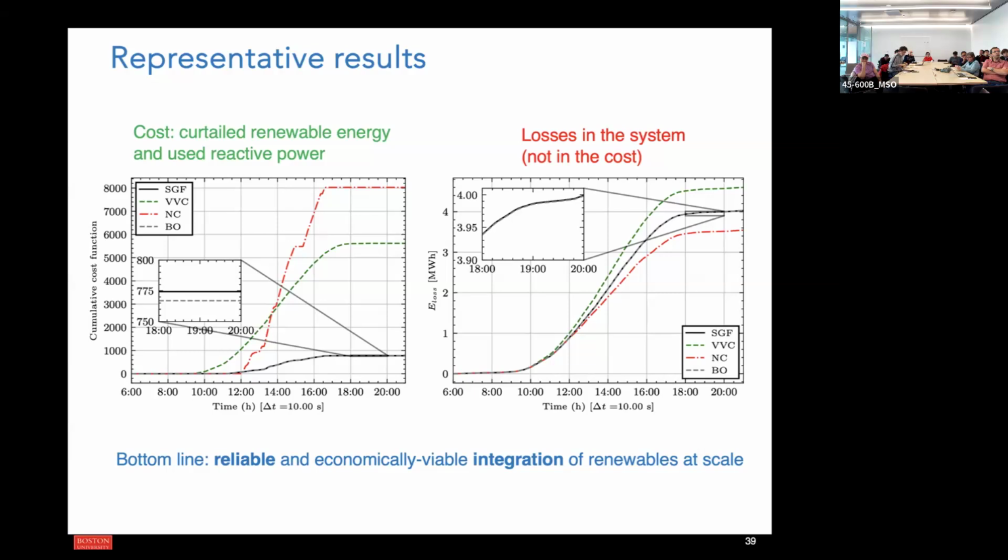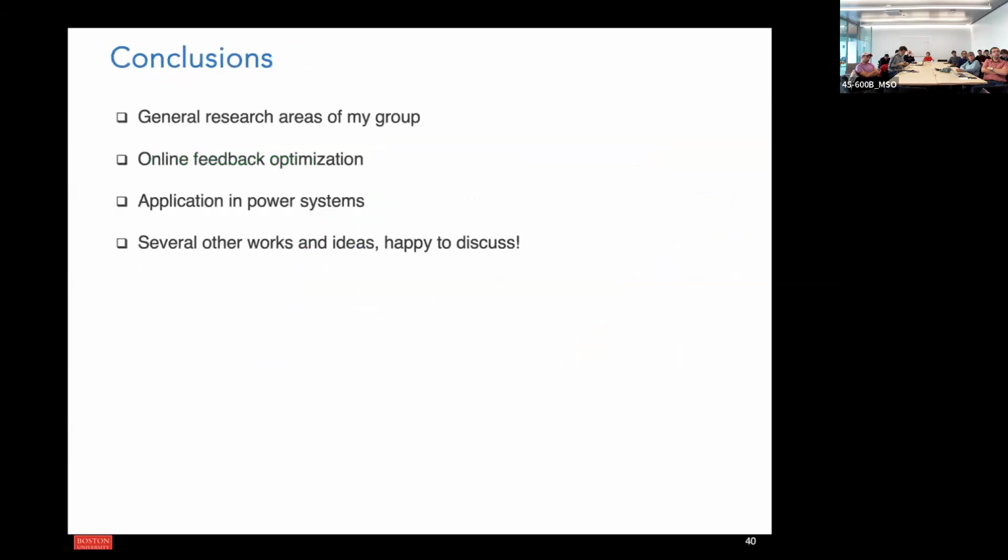And here, to respond to one of the questions before, we computed one step of our algorithm every 10 seconds. Okay. Anyway, so the bottom line is that this provides a way for us to implement this.